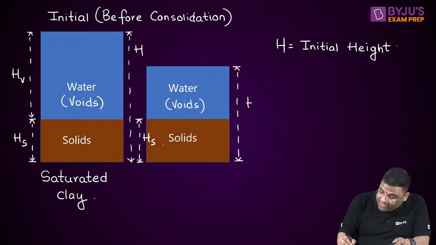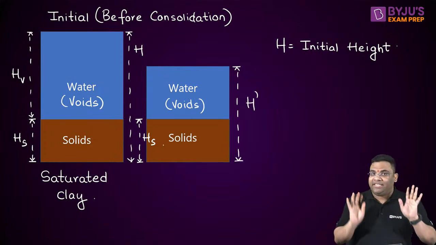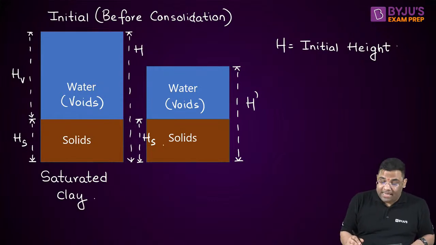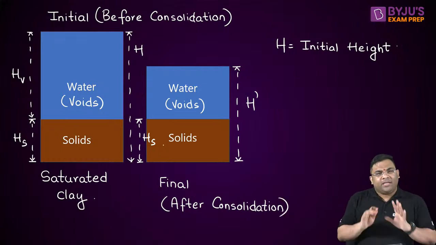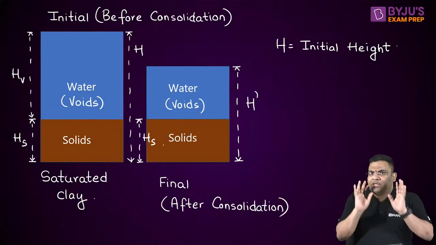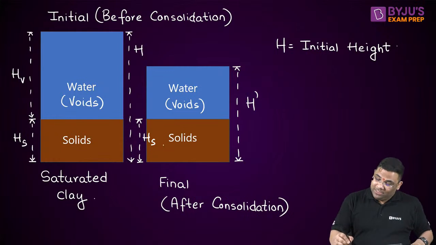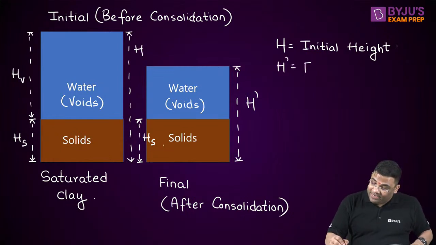Suppose this is H dash, the final condition, after consolidation. In the consolidation process the volume reduces, and the reduction in volume is due to expulsion of water from the voids. So voids will reduce and solids will remain the same. H dash is your final height.